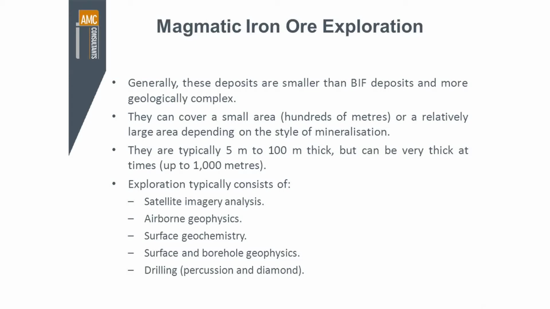And you can see there that some of them are quite small, 5 to 100 metres thick, but occasionally you'll find a deposit that is hundreds or thousands of metres thick, but it's still really only covering quite a small areal extent, but it's a very thick deposit.